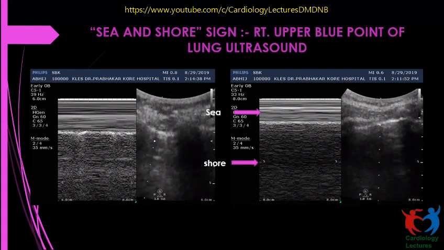This is called the C-shore sign. The C-shore sign at the right upper blue point on lung ultrasound suggests a normal lung profile. This M mode is very important in all lung ultrasound. It leads to a proper diagnosis of whether there is a pneumothorax, pulmonary edema, or a normal lung. It helps in the differentiation of all this.